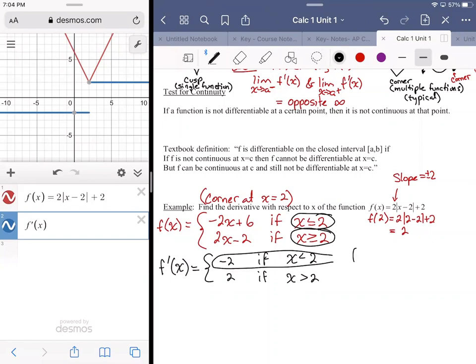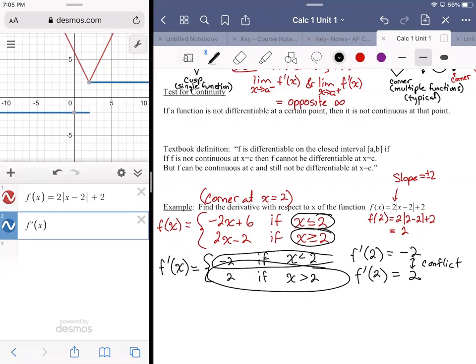You would say, all right, let me look at f prime of 2. I would get a -2, all right? And then you'd look at this one and say, what would I get at f prime of +2 for this piece? And it would say 2. And because there's a conflict, you would have to say, well, it can't be both, so you got to pick one.